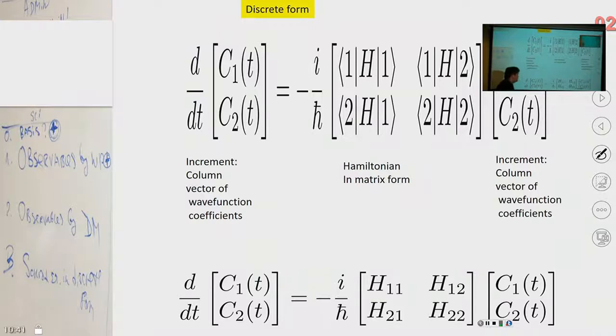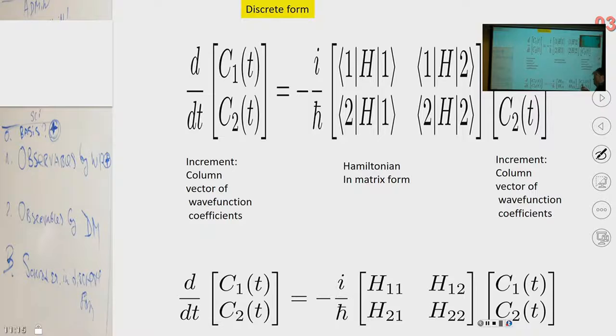If we fail to finish in time, here is what I would like you to take as a take-home message. Instead of a continuous function, we can represent the wave function as a set of discrete expansion coefficients. That doesn't surprise you. Then we can set up an equation for this vector, or for each element of this expansion.